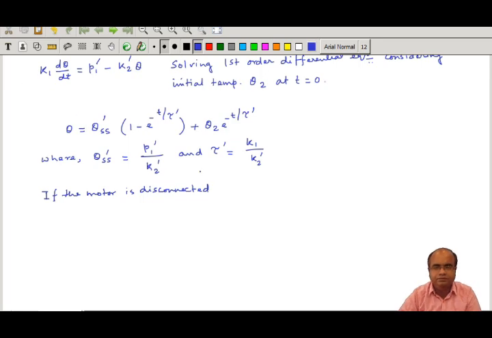Then P1 dash will be equal to theta SS dash equals 0.